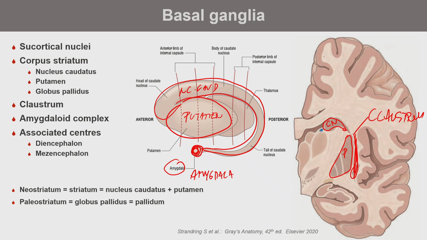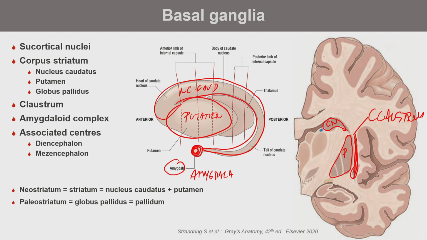Then we also could distinguish the older and newer part. Amygdala is something which is outside. We can distinguish, like in a cerebellum, something which is called neo, something which is called paleo.